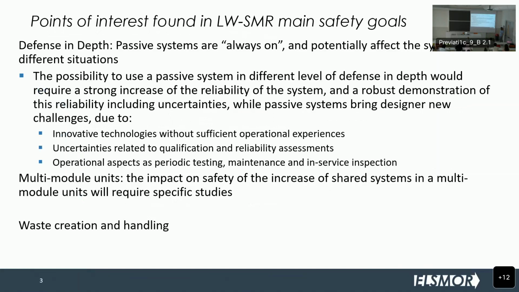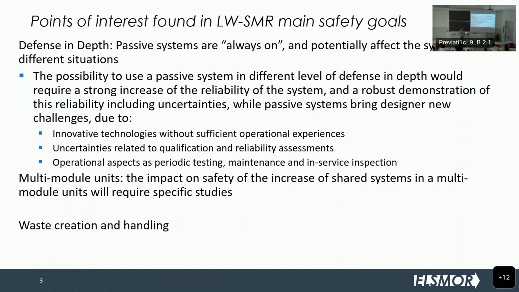But when we look into what we get there, we might even get some new issues. Passive systems are basically always on, or should be, at least if they are truly passive.